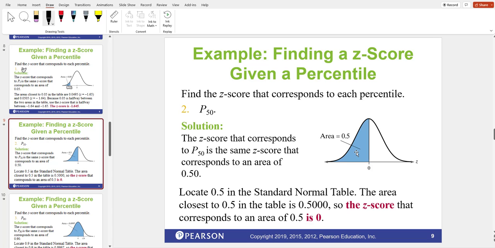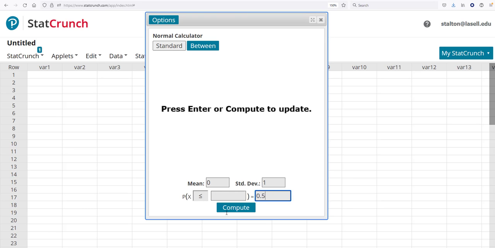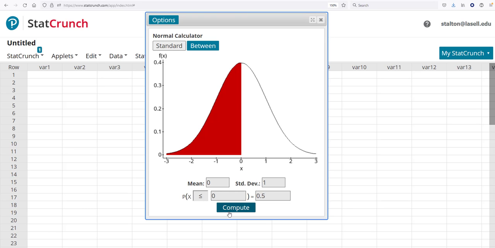With a normally distributed curve, that's a standard normal distribution, the mean is 0. So the z-score that corresponds to the area to the left, that's 0.5, is just 0, because it just splits it right in half. So I'll go ahead and put it in the table. I want this to be 0.5, and I hit compute, and as you can see, we get 0 in the box and we get the same visual.